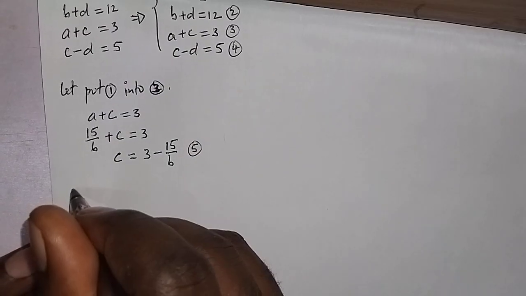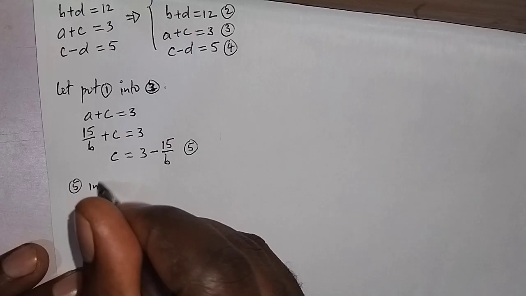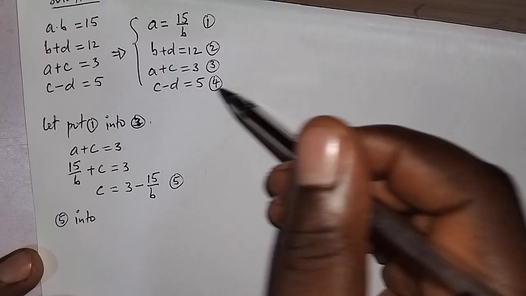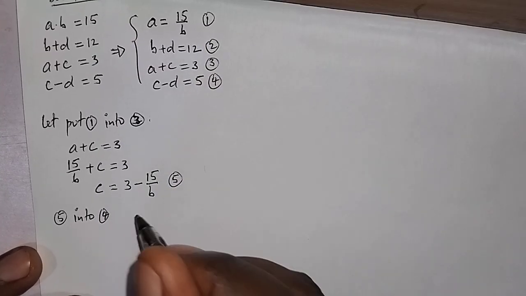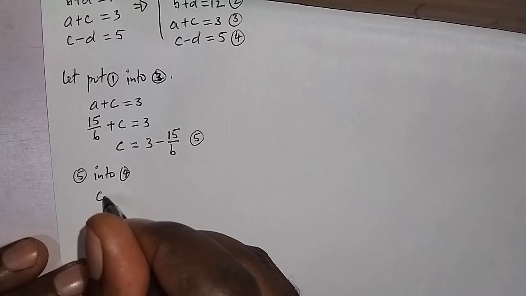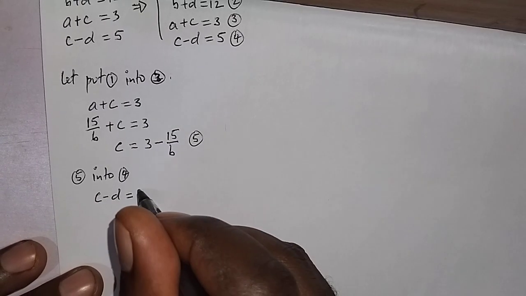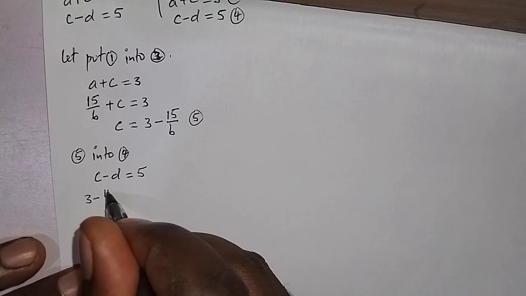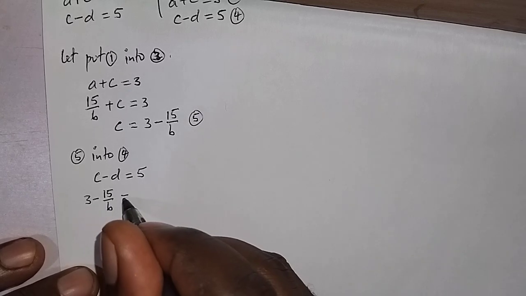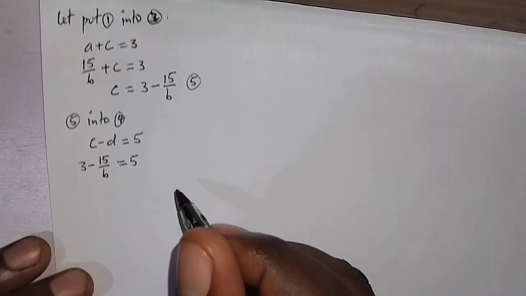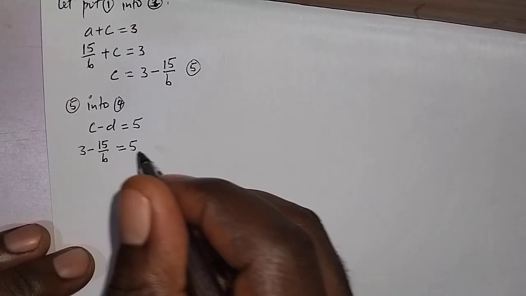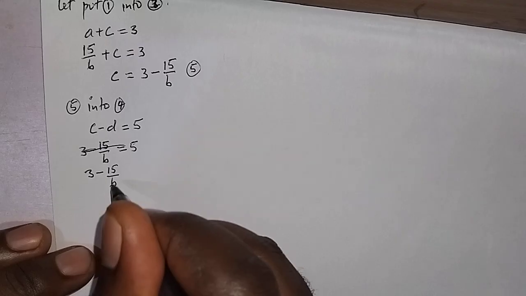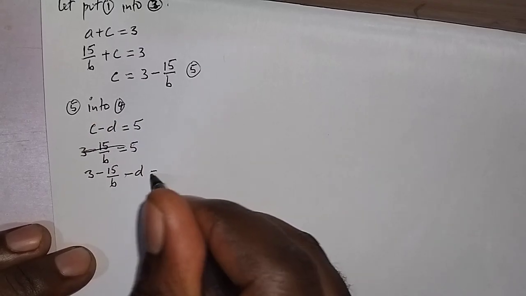And then let's put equation 5 into equation 4. Equation 4 is C minus D is equal to 5. So C is 3 minus 15 over B, then minus D is equal to 5.